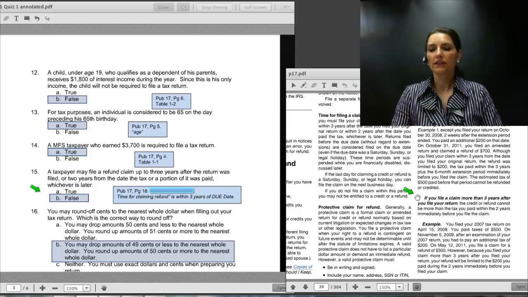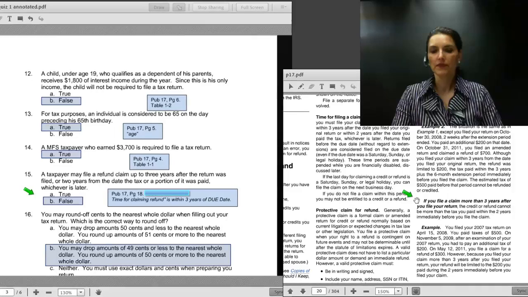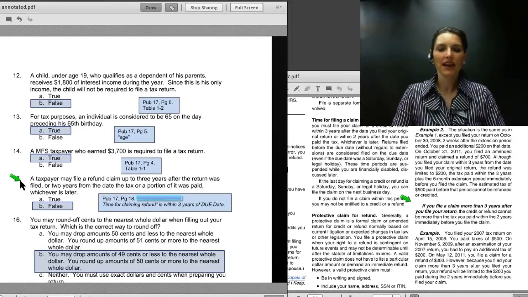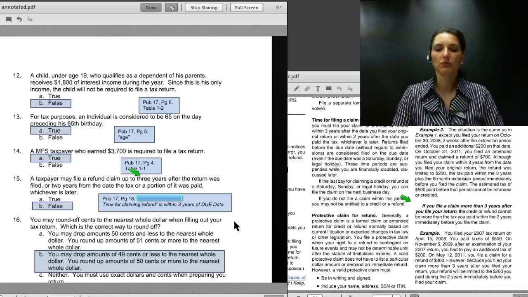If you file a claim more than 3 years after you file your return, the credit or refund cannot be more than the tax you paid within the 2 years immediately before you file the return. So the problem with this problem is that we have a claim for a refund 3 years after the return was filed or 2 years from the date the tax or a portion of it was paid.